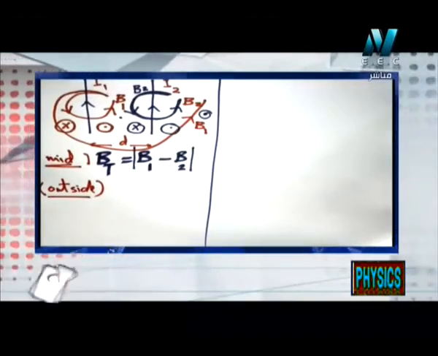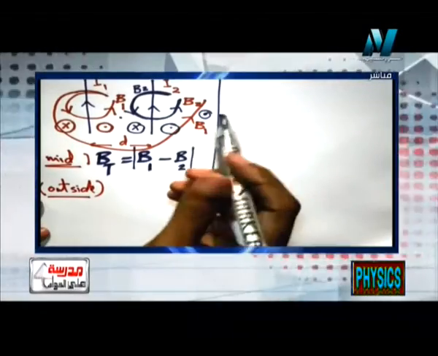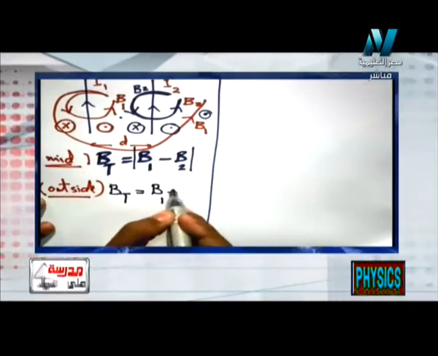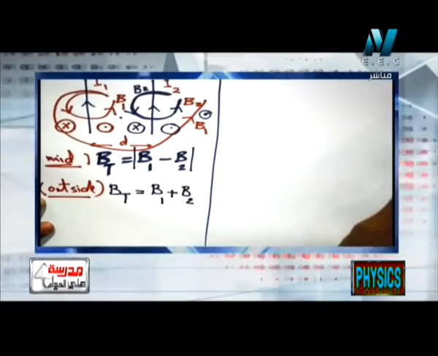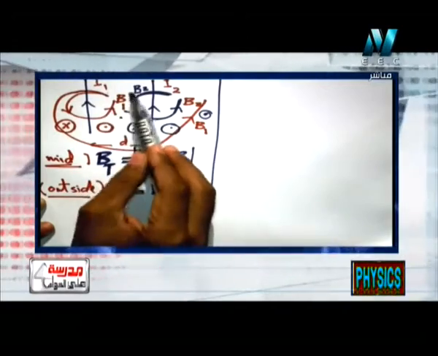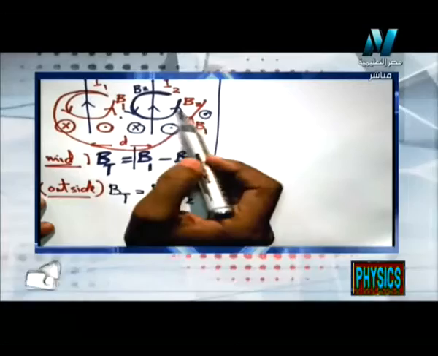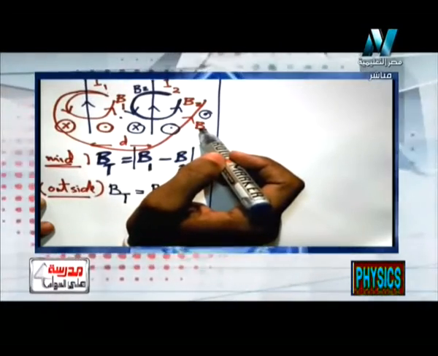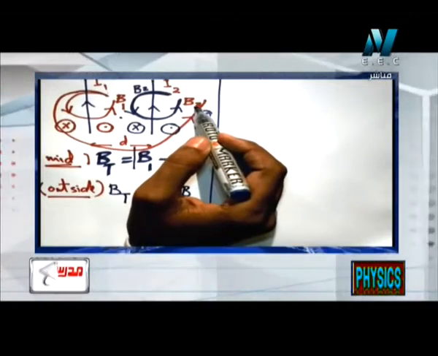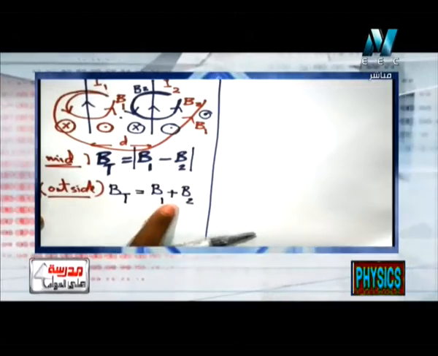But at a point outside the two wires, beta 1 is in the same direction as beta 2. B total equals beta 1 plus beta 2. So in the midpoint, the directions of the two fluxes, beta 1 and beta 2, are opposite. But at a point outside the two wires, beta 1 is in the same direction as beta 2. This is the rule outside, this is the rule inside.